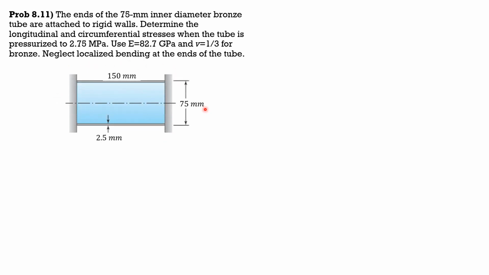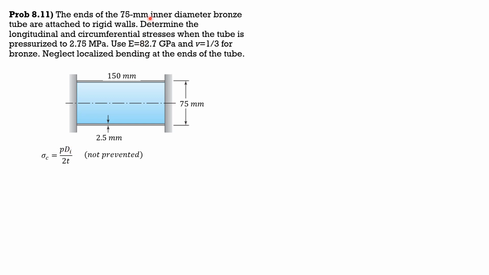So looking at the figure, because the walls are rigid, longitudinally strain is prevented, but circumferentially it's not. So therefore, sigma sub c, which is P D_i over 2T, is also P R_i over T. So it is not prevented, so we use this formula here.